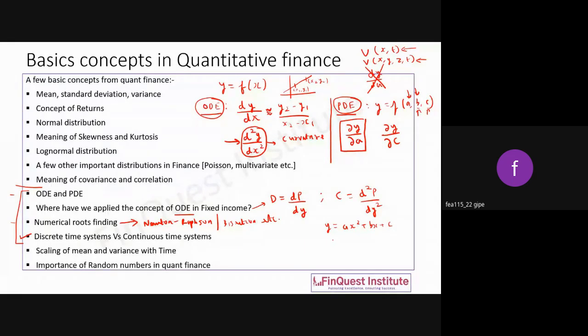We say the roots of this equation are x equal to minus b plus or minus root of b square minus 4ac upon 2a. So this is also a very simple example of root finding. This is a ready formula which we already know, which you can apply for a quadratic equation.